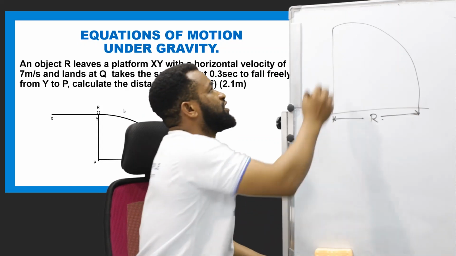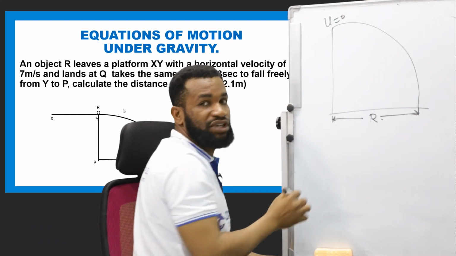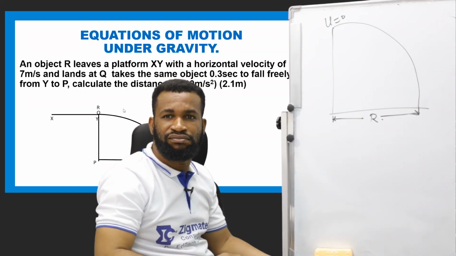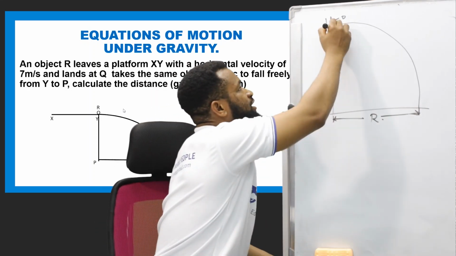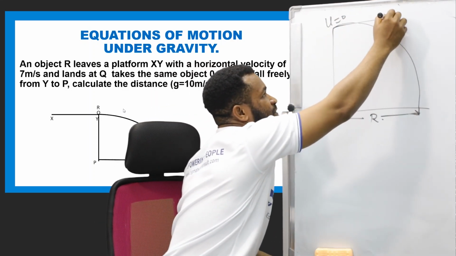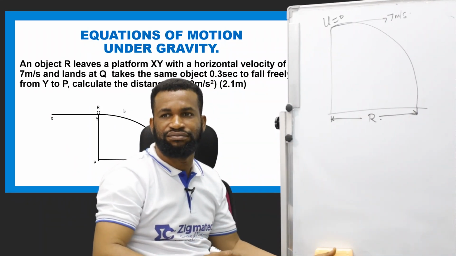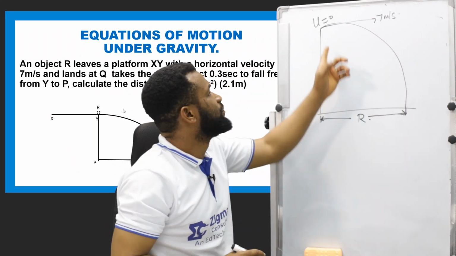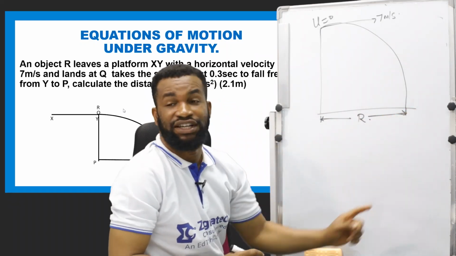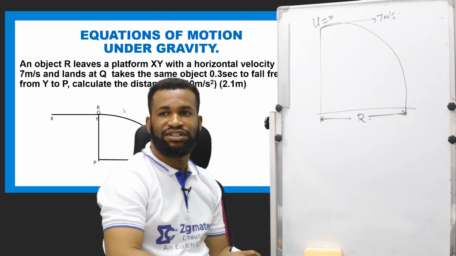I know that U at this point is going to be 0, and the speed with which the body left is 7 meters per second. The time from here before it hits the ground is 0.3 seconds.